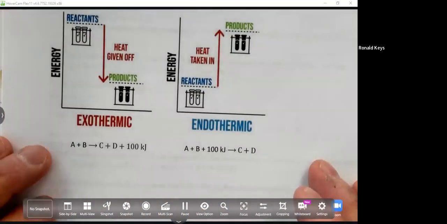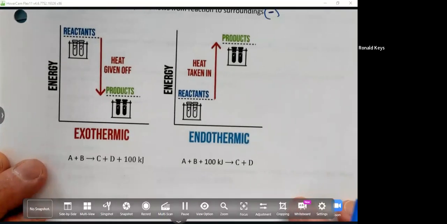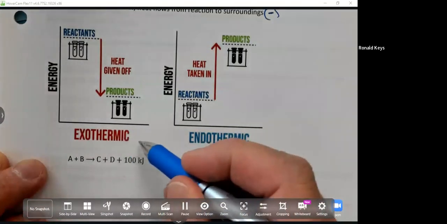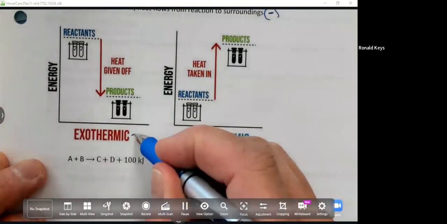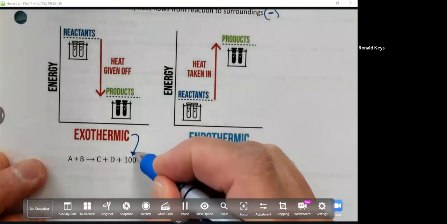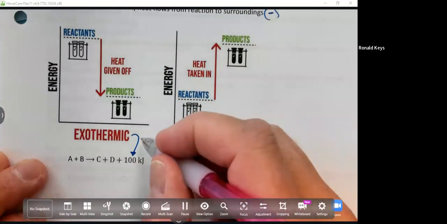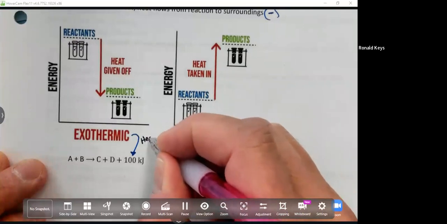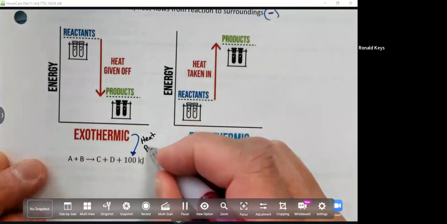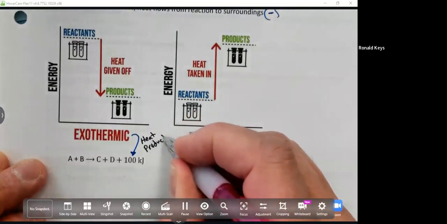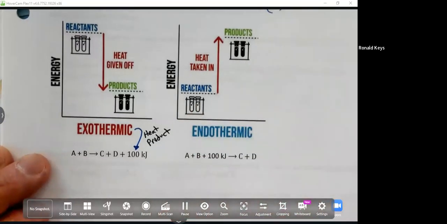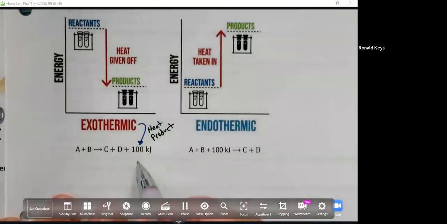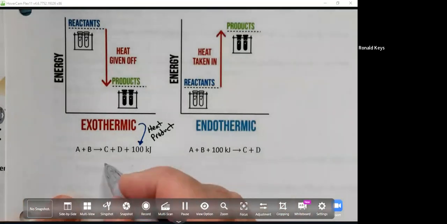Now, another way to look at that is this. If it is exothermic, this will help out a lot. Heat is on the product side. However, it is going to be a negative number.